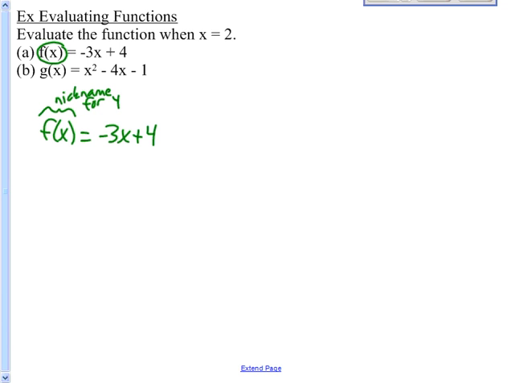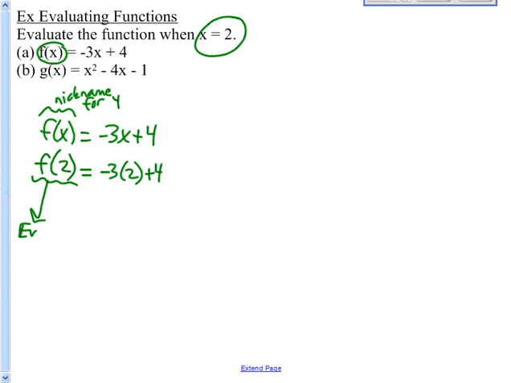Function notation is just really nice to use. And then this says evaluate the function when x is 2. So all you do is you plug this in and you find your y. Remember, f of x is y, but the notation is you plug 2 in for x. So what this is saying is evaluate y when x is 2.